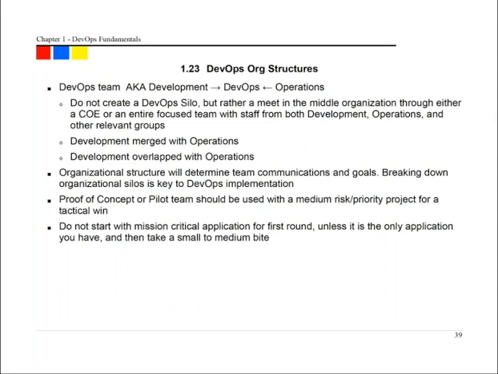A product focused organization is one where I have a product and that product is continually evolving, and I want to have a team of people who are dedicated to that continual evolution of this product. And that product has no real end in mind, in the sense that I have this thing and I'm expecting it to evolve for the foreseeable future.